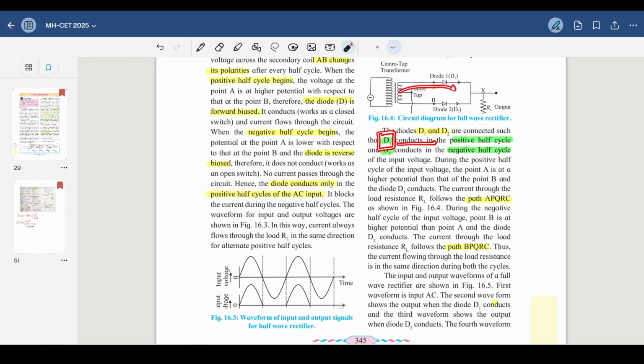During the positive half cycle, diode D1 will conduct, and during the negative half cycle, diode D2 will conduct. When diode D1 is conducting, the path will be like so. You can just read the path from here. In the case of the negative half cycle, D2 will conduct, and the current will flow in this path.